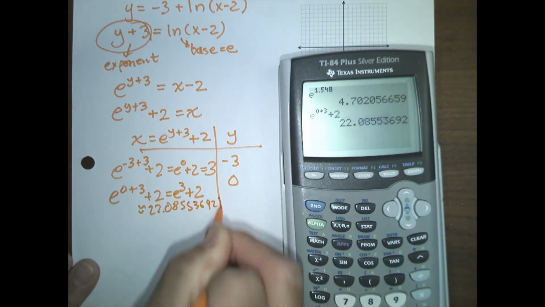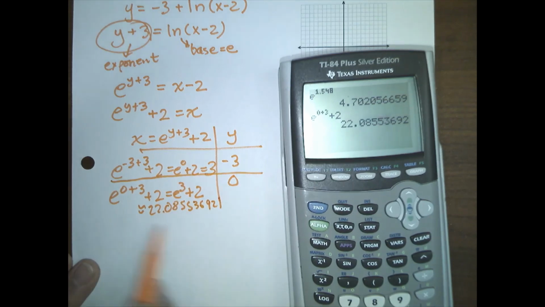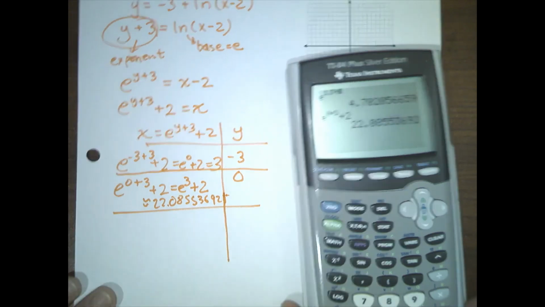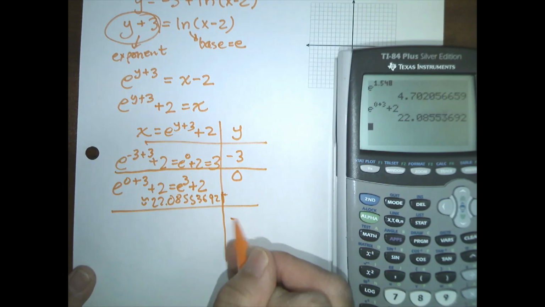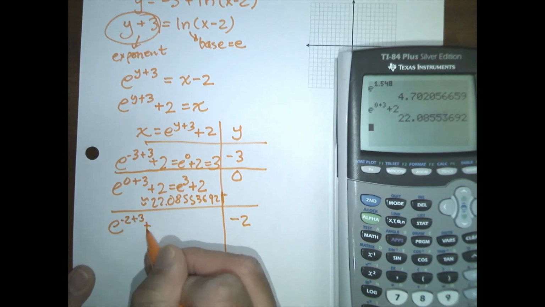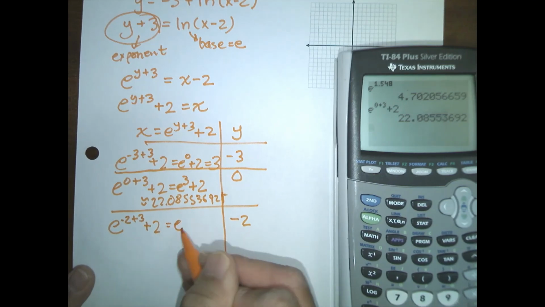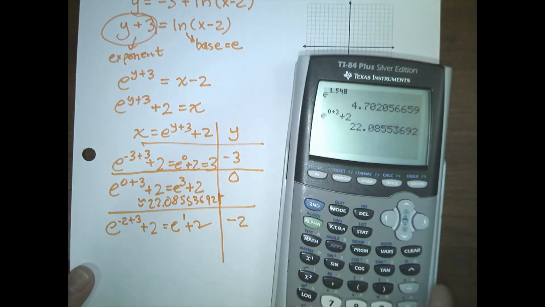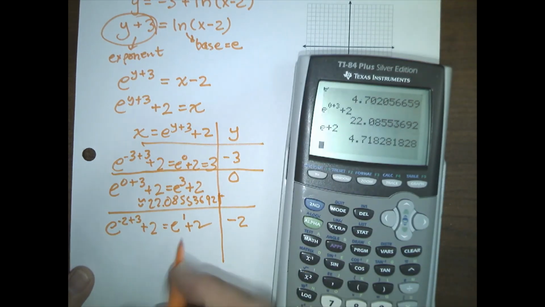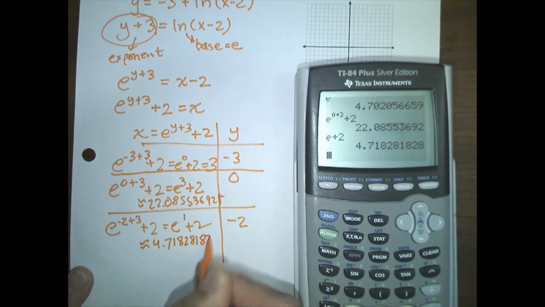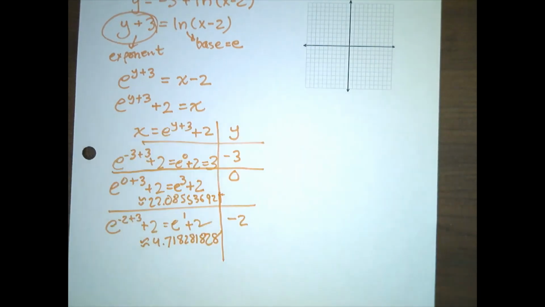So I probably want to pick a number that's smaller, so that I have an x value that's smaller. So even negative 2 might be better. E to negative 2 plus 3 plus 2. So it's e to the first power plus 2. So e plus 2 is about 4.718281828.